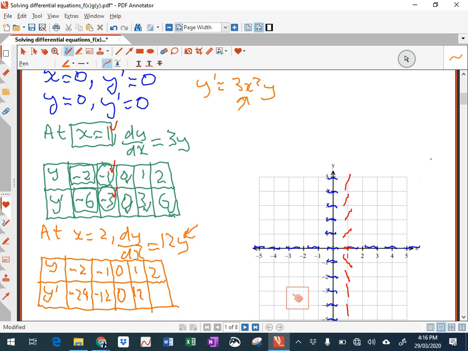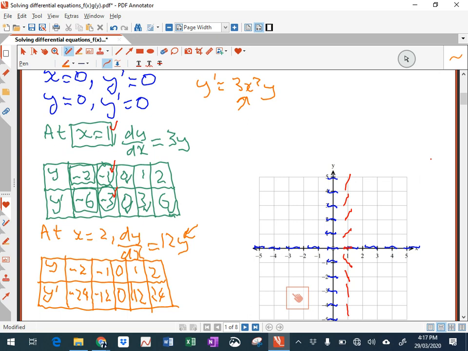And then I get 12 and 24. Oops, missed that one. Click on the eraser. Now let's draw that line back there.